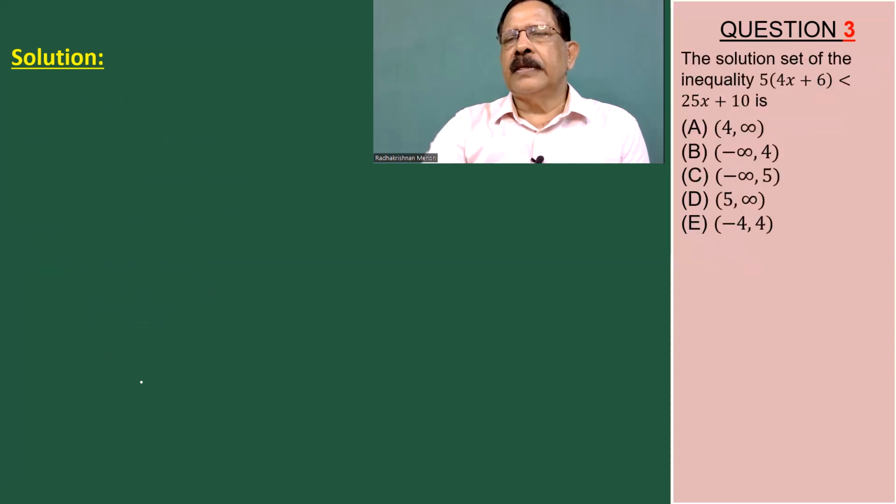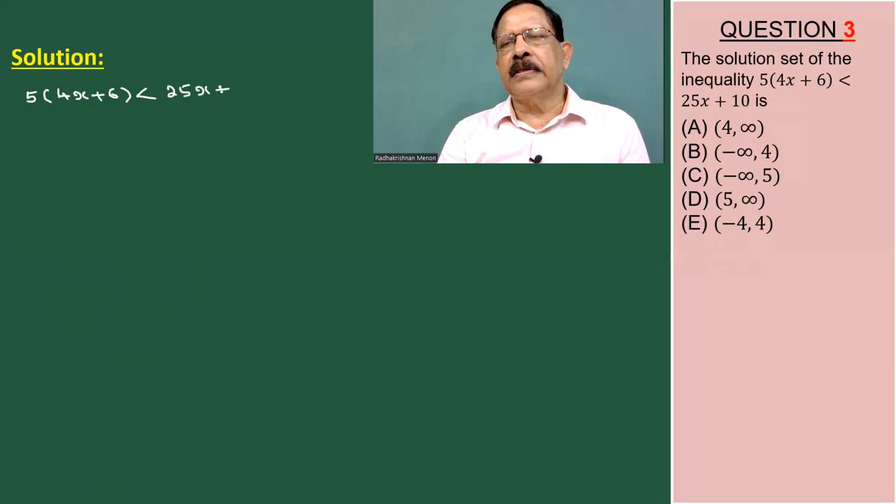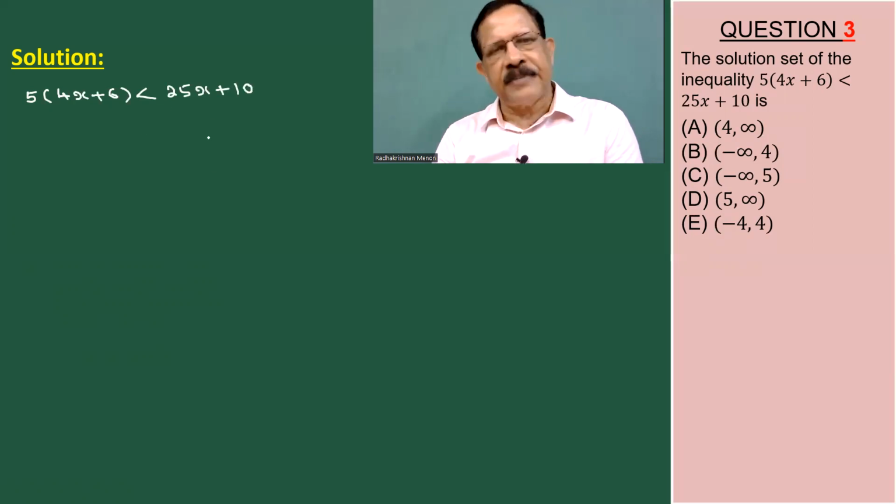Now, the third question. An inequality is given: 5 into (4x plus 6) is less than 25x plus 10. We have to find out the interval in which x lies.